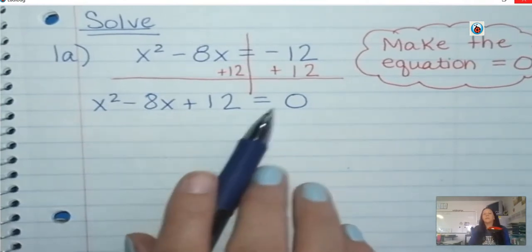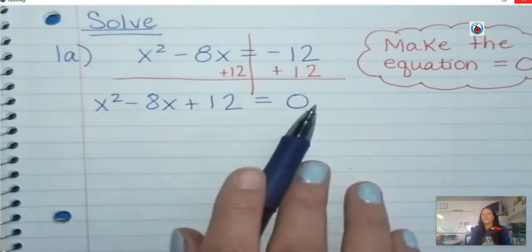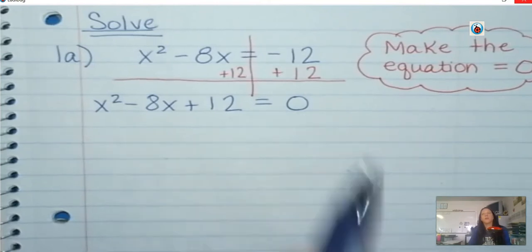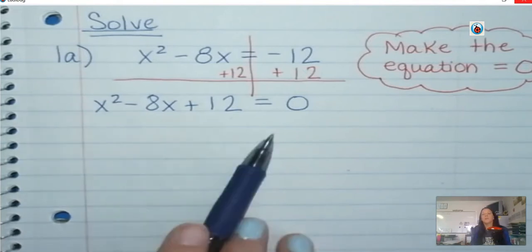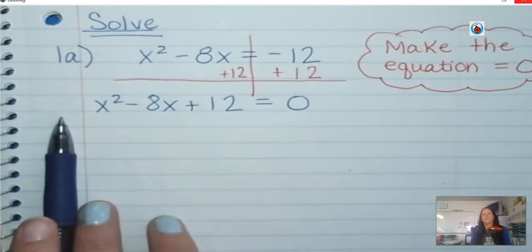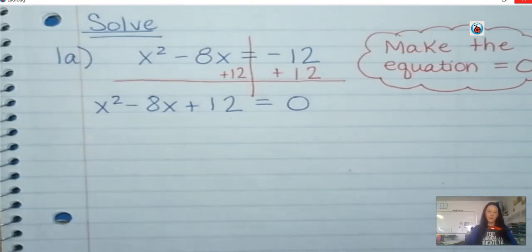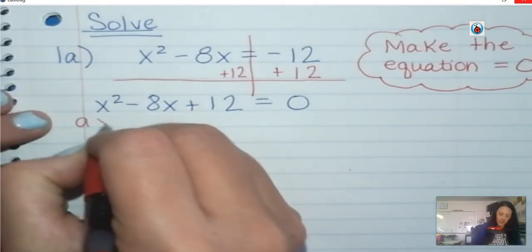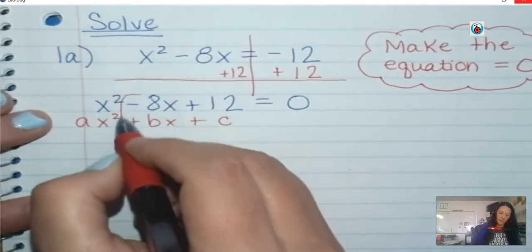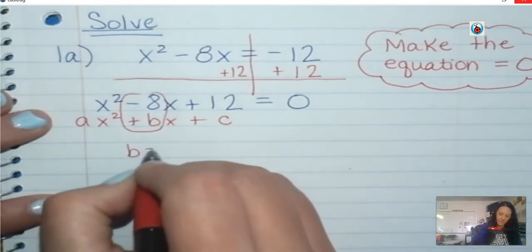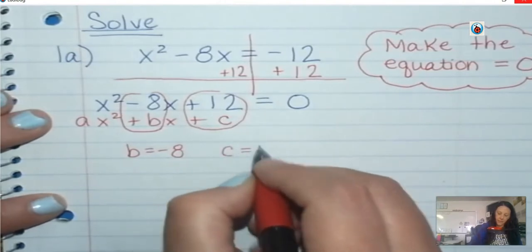For these, there is a reason: if we flip it over here, it's going to make it negative x squared, and the whole graph goes down. That's okay, you can do it like that. Now it's in standard form, ax squared plus bx plus c. So my b value is negative 8, and my c value is 12.